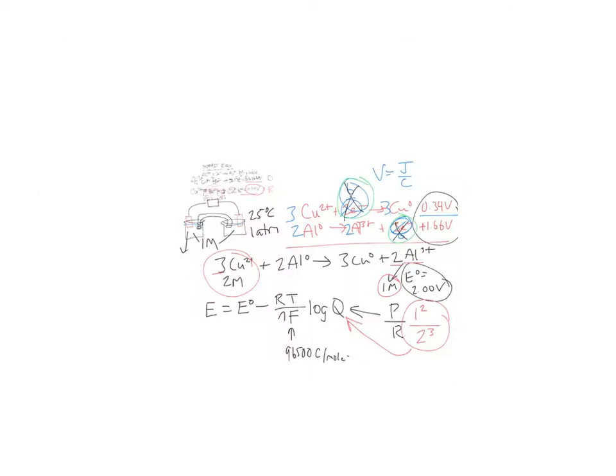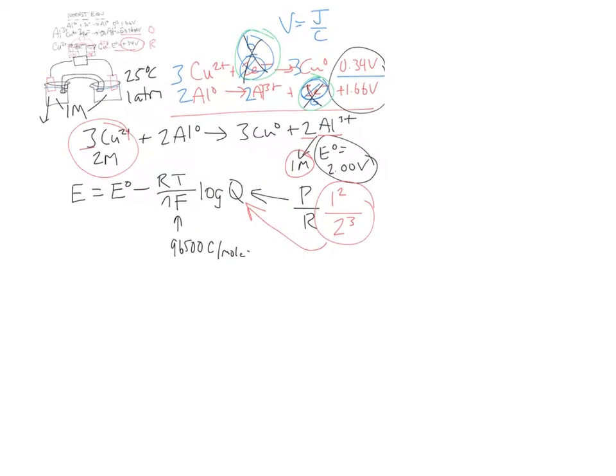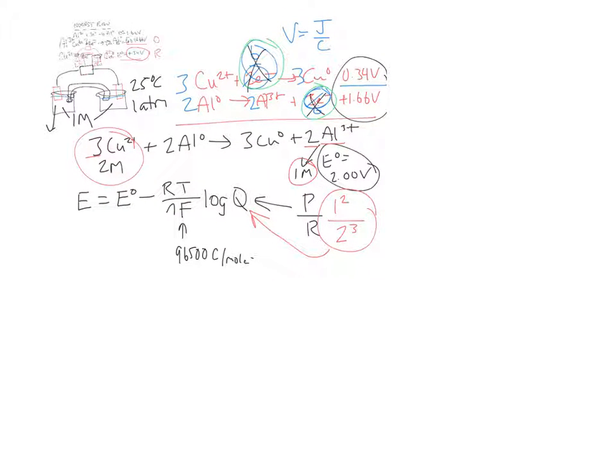So let me shrink everything down a little bit and give myself some more room. Now what I'm going to do is solve for E, this right here. So we have E naught, which was 2.0, so you're going to say 2.0 minus R, which is 8.31, a constant.